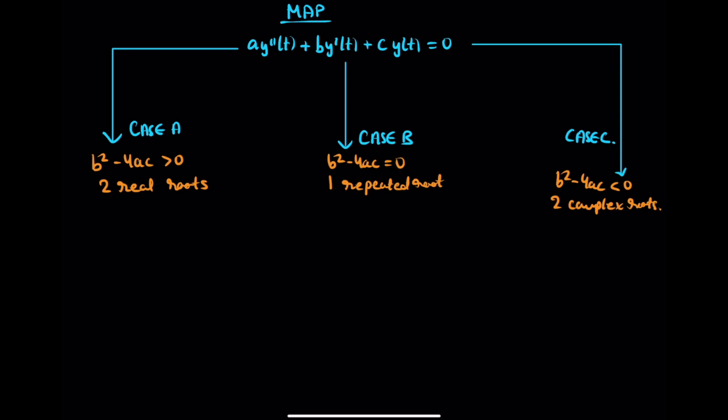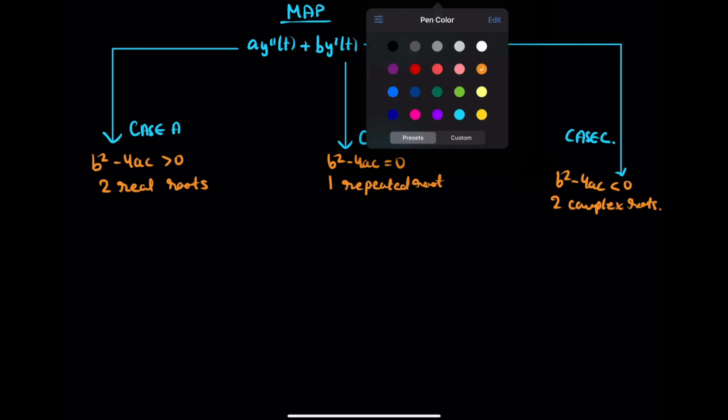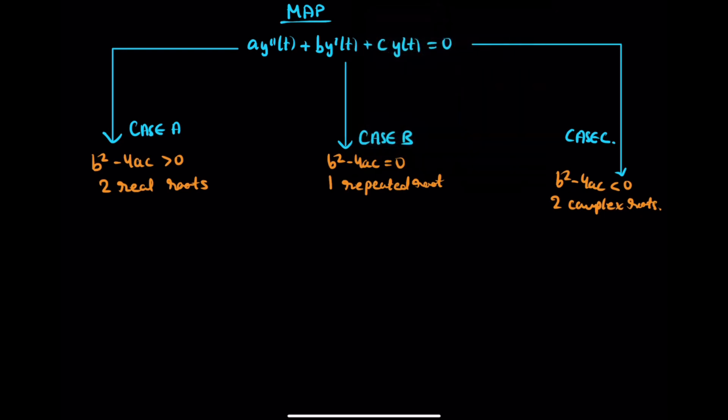And so with case A, your general solution looked like the following. Everything I'm going to write in yellow is the general solution. So your general solution here was y equals c1 e^(r1 t) plus c2 e^(r2 t).